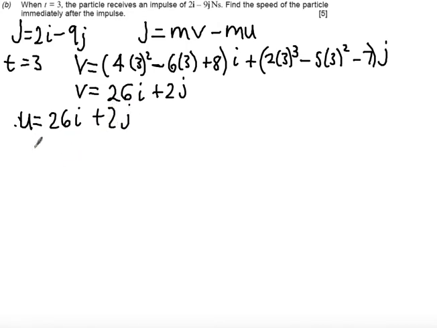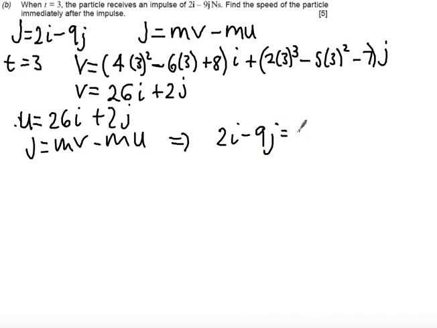In this scenario, J equals mv minus mu will lead to 2i minus 9j equal to 0.5v, my apologies, I had that the wrong way around, and then minus 0.5 times the (26i plus 2j).